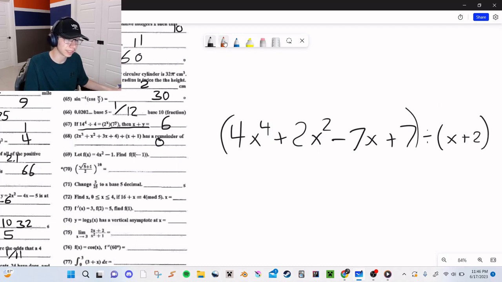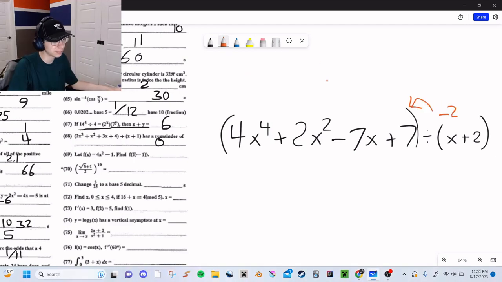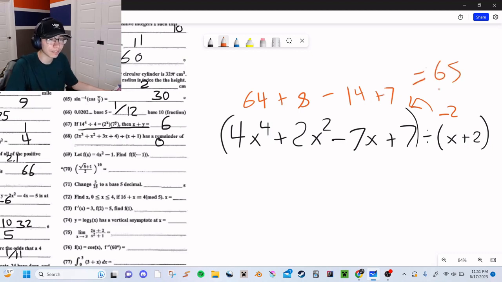Let's solve for x. When we set this equal to 0, this would be -2. So when I substitute in -2, I'll get 64 here, I'll get an 8 here, I'll get -14 here, and +7. So I combine everything and I'll get 65 as my remainder.